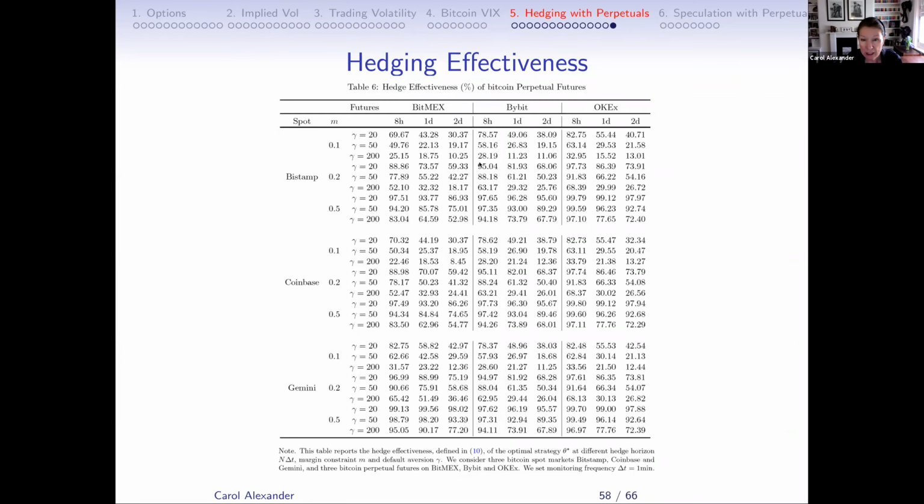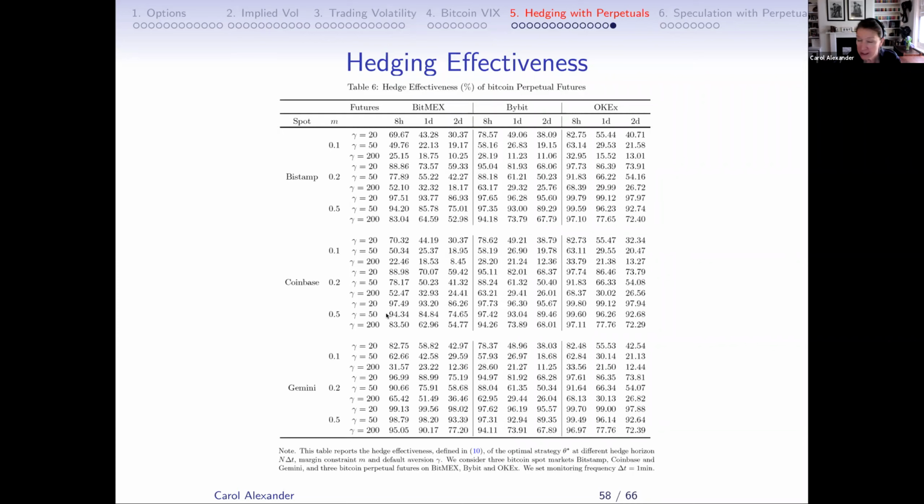Let me just take Coinbase as an example, with a reasonable size margin buffer, and the effectiveness is pretty high across all of them.